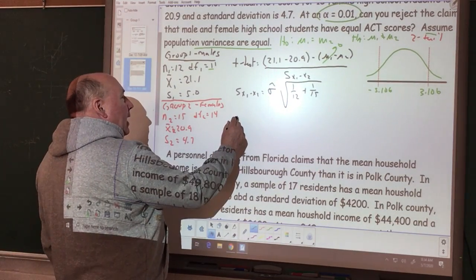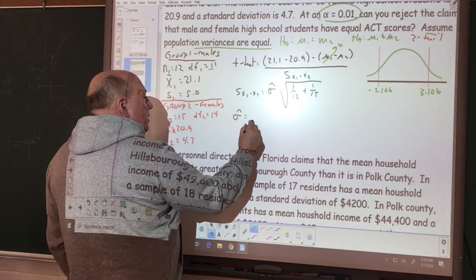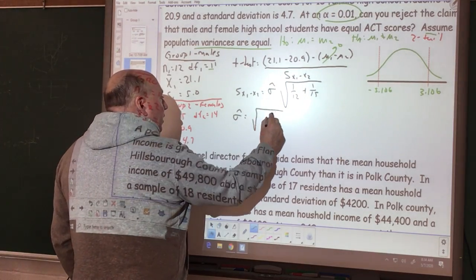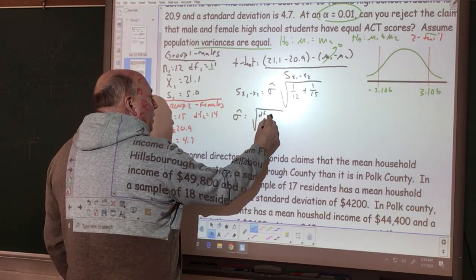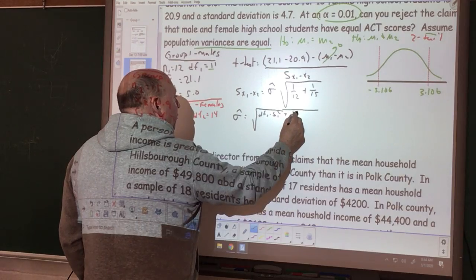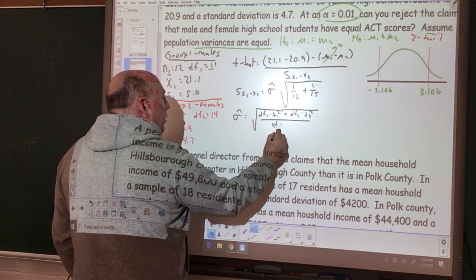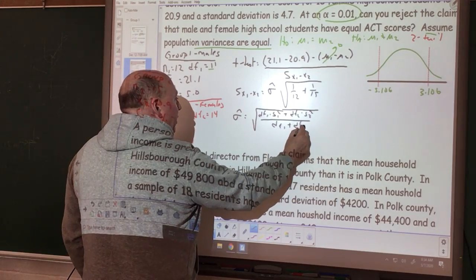So the sigma hat, let's see, degree of freedom 1 times variance 1 plus degree of freedom 2 times variance 2, over degree of freedom 1 plus degree of freedom 2.